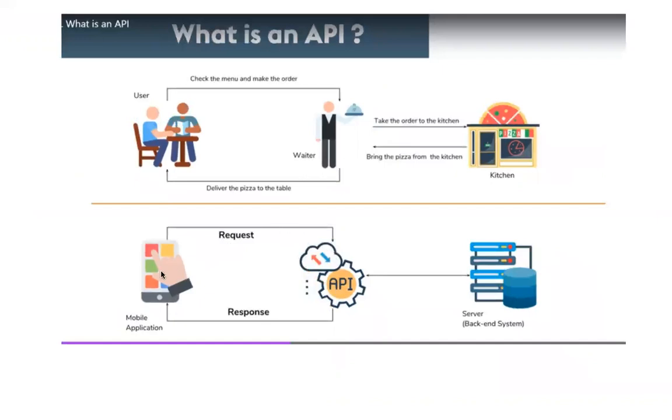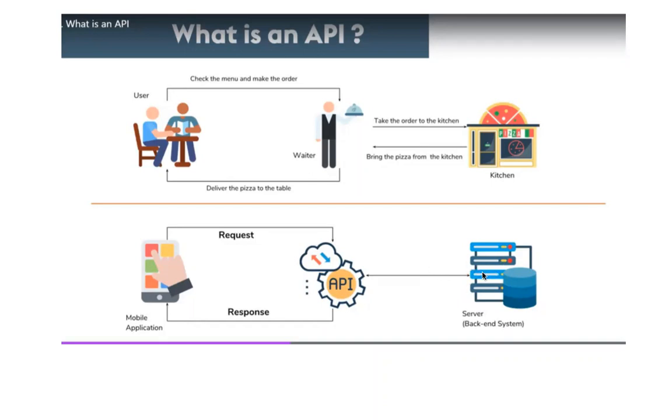If you take another application on mobile, maybe you open the Zomato or Swiggy app, and the moment you place an order, the request goes to the API. The API checks the database, whether that biryani is available or not, or whether the transaction and order are there or not.